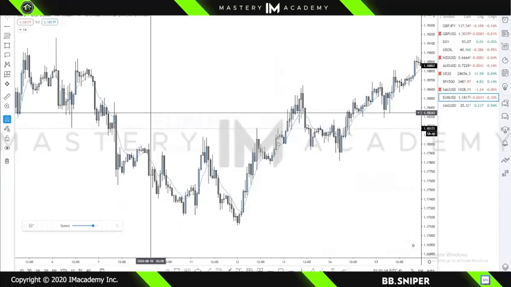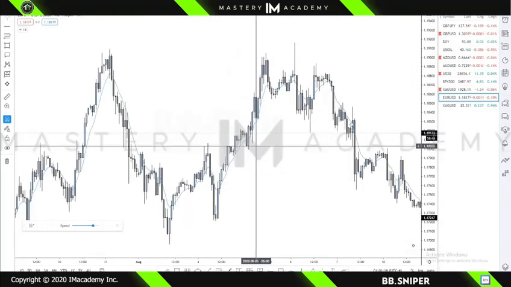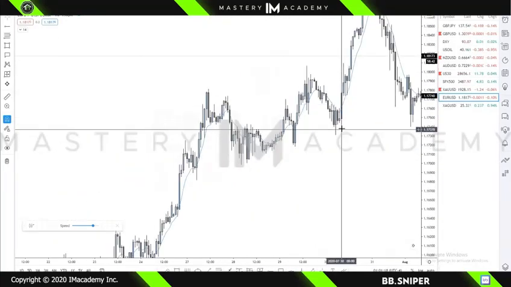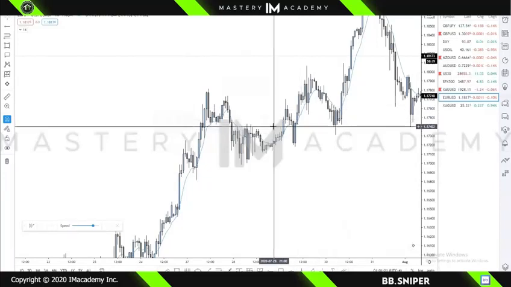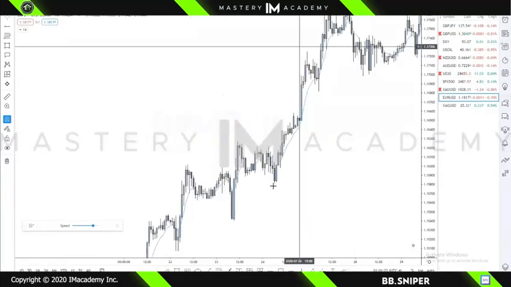All right, let me see. Euro. You get a lot of the candles inside of the imbalance.